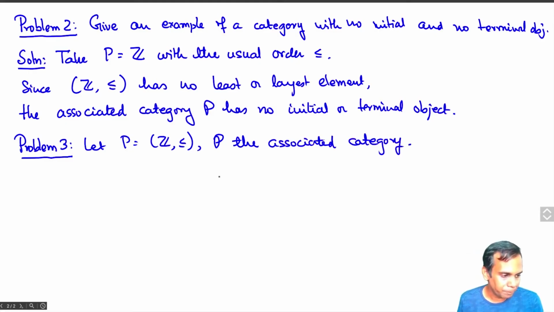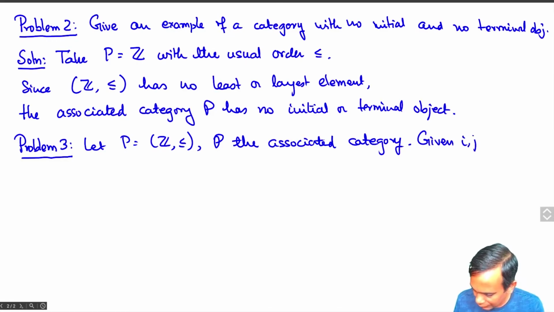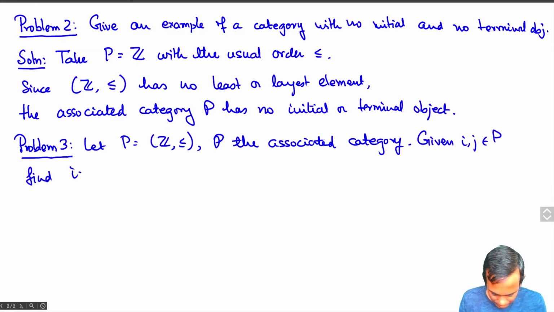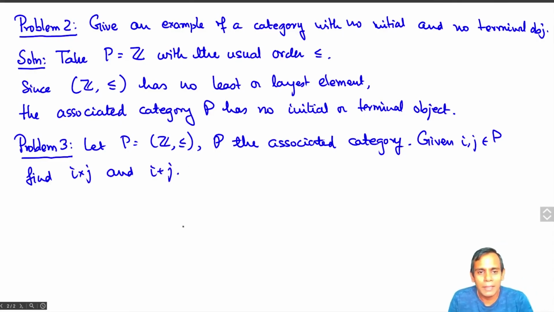Then, given integers i, j in P, find i cross j and i plus j, namely the product and the coproduct in script P. To solve this problem, let us see what we require of a product of i and j.